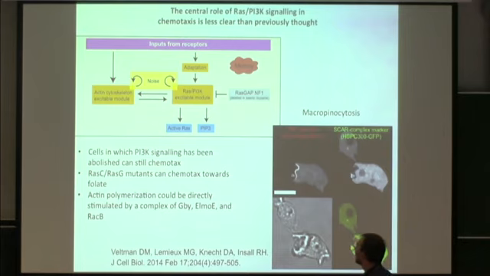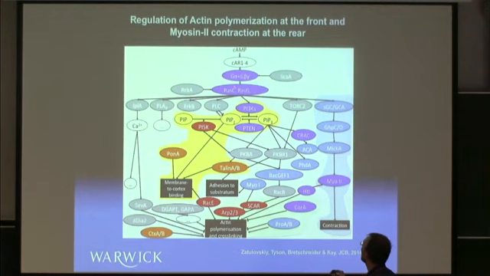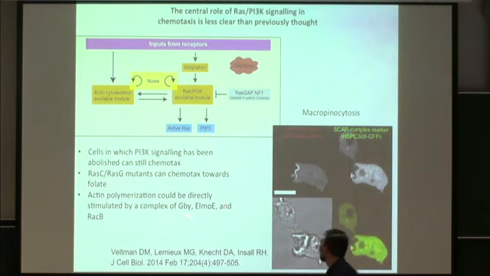Another recent finding is that there's actually a direct way which circumvents all this PIP3 signaling box, where actin can be polymerized by a factor called ELMO-E, which is a protein that binds to G proteins that are directly coupled to the cyclic AMP receptor.